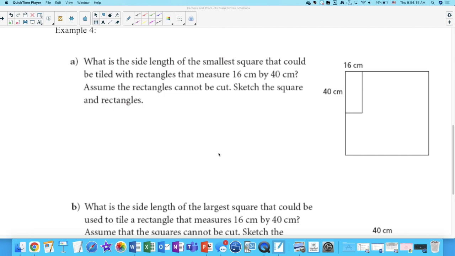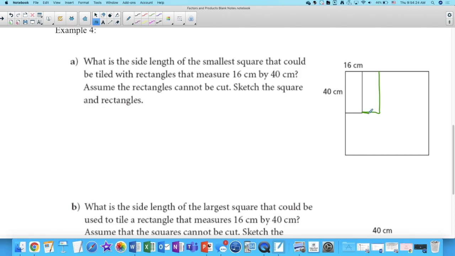So if we did it this way, this right now is 16. Another copy of 16 would be 32. Another copy of 16 would be 48. Okay. Well, now I know I'm going to have to go bigger than 40 on this side because I didn't hit 40 going this way.